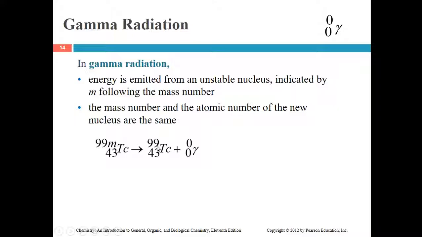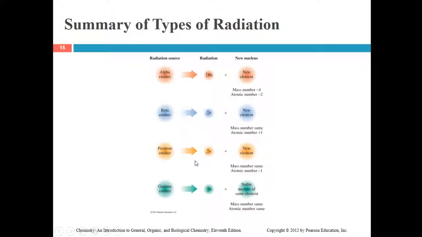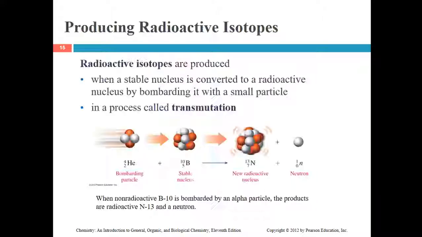It has released the gamma radiation. Remember, gamma radiation is the most dangerous of all. It has no proton and it has no mass. So here is another summary of the different types of radiation and what's going to be happening with them.